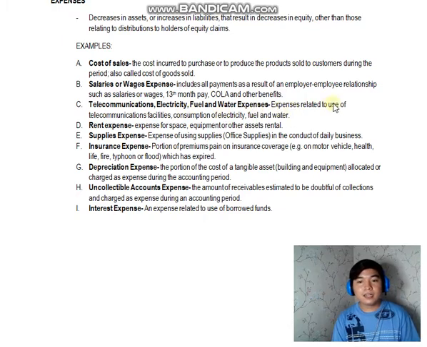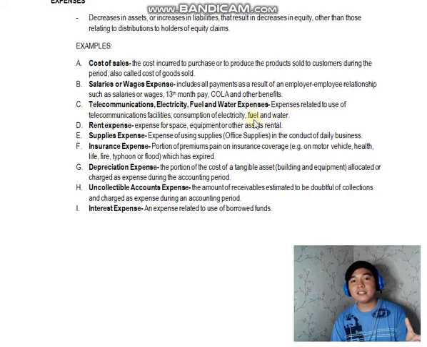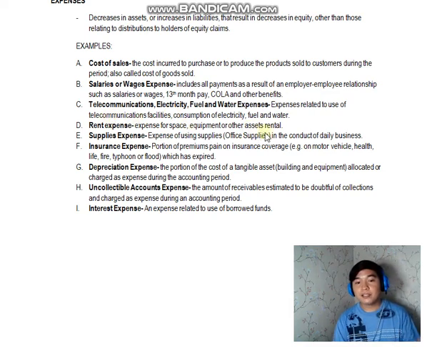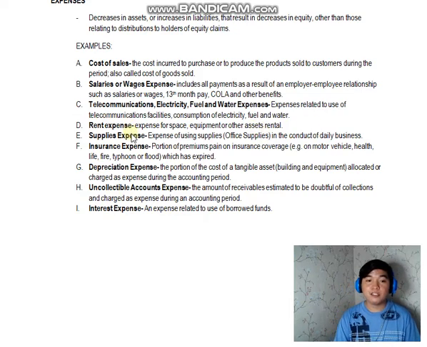These are expenses related to use of telecommunication facilities, consumption of electricity, fuel, and water. So, yung mga expenses related for telecommunication, electricity, water, and fuel, ditong account mo siya ipapasok. Okay? Rent expense. These are expenses related to your rent. Rentahan mo ng space, ng equipment, or other assets, yan mo papasok sa rent expense.